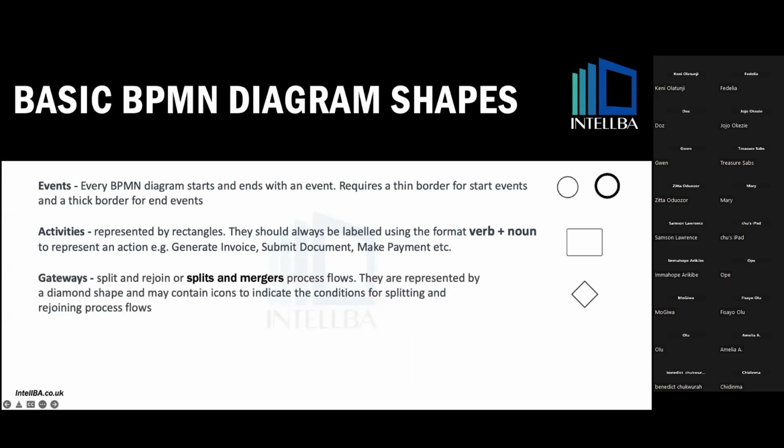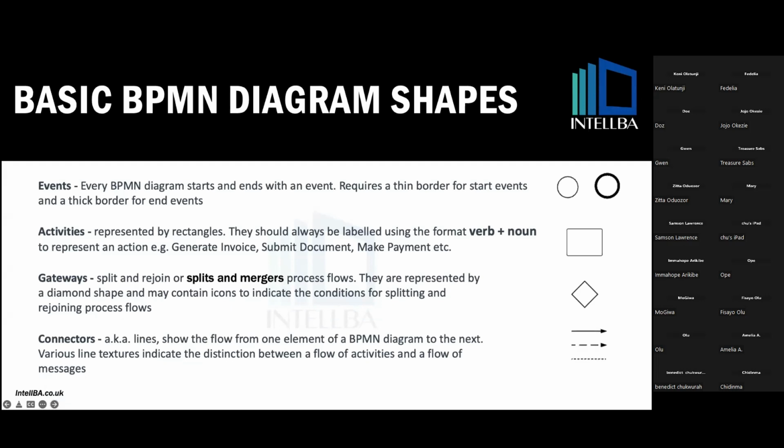Gateways split and rejoin, or split and merge, process flows. They are represented by a diamond shape and may contain icons to indicate the conditions for splitting and rejoining, which is what I explained earlier. And then we have the connectors. We have the unbroken arrow, which moves from one activity to the next activity or one notation to the next notation. And then we have the broken arrow, which indicates messages or communications.